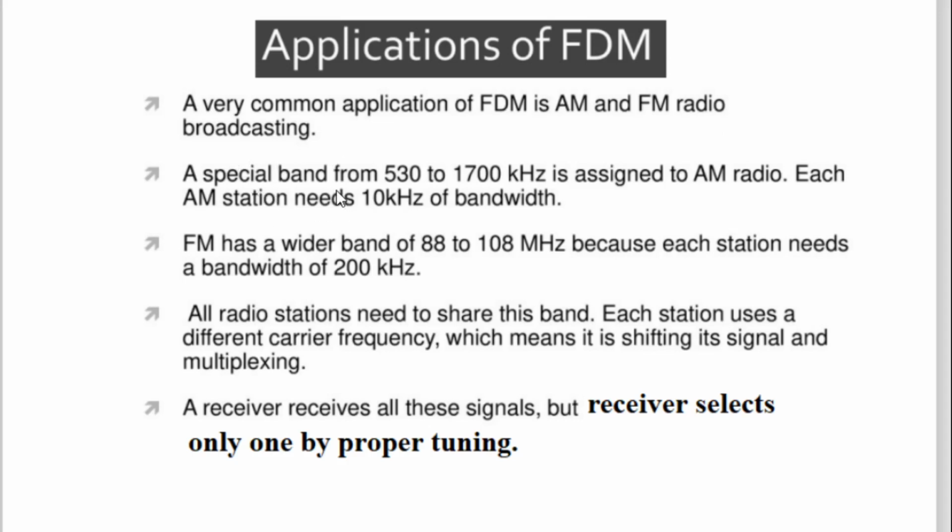The special band from 530 to 1700 kilohertz is assigned to AM radio. This is standard. Each AM radio station needs 10 kilohertz bandwidth. Now FM, all of you know, you are listening to FM radio. It is from 88 megahertz to 108 megahertz. In every city, if you go to Pune, Mumbai or Delhi, it is the same band, but radio stations are run by separate authorities, and the channels are purchased by different authorities in different cities.